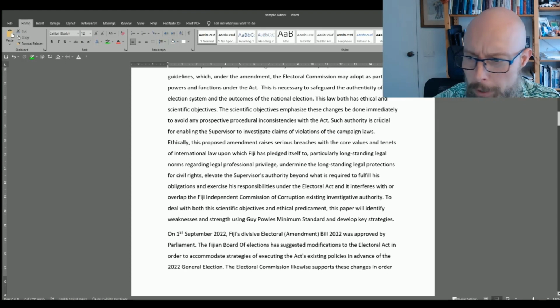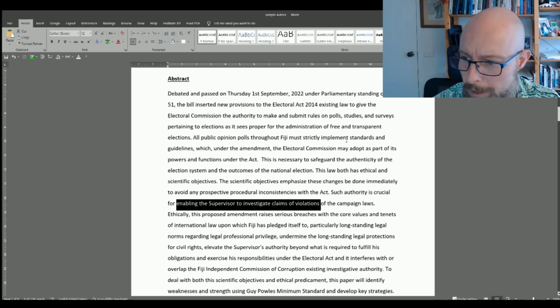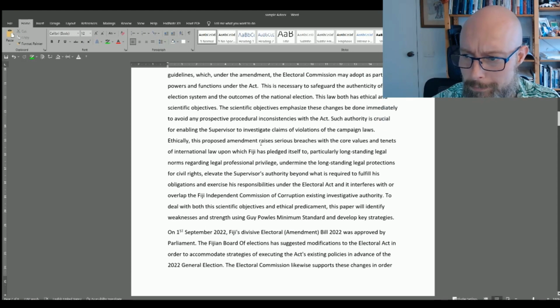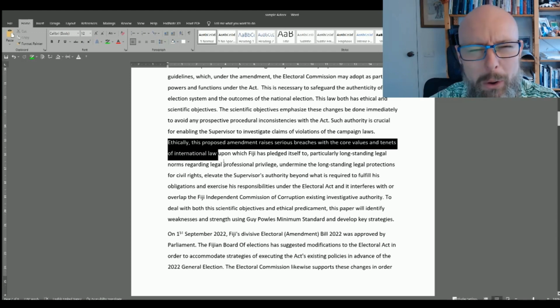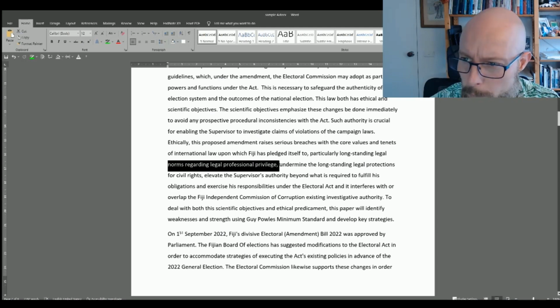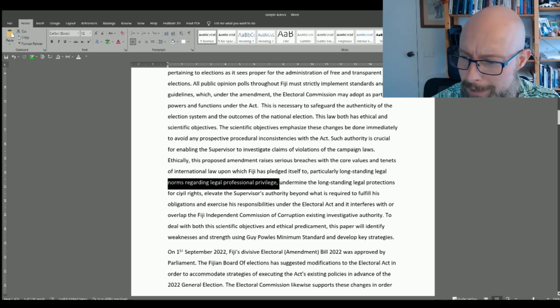Okay, so authority is crucial for enabling the supervisor. Is this the supervisor of elections? To investigate claims of violations? Ethically, it raises breaches with values of international law? Legal norms rating privilege? Wait, how are we talking about legal professional privilege now? And civil rights? What?